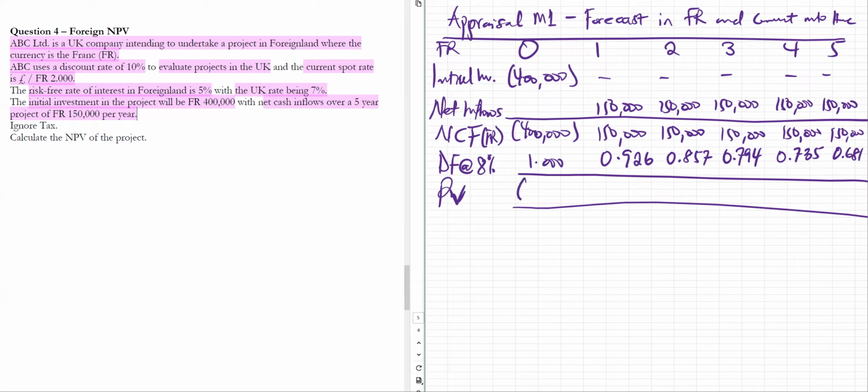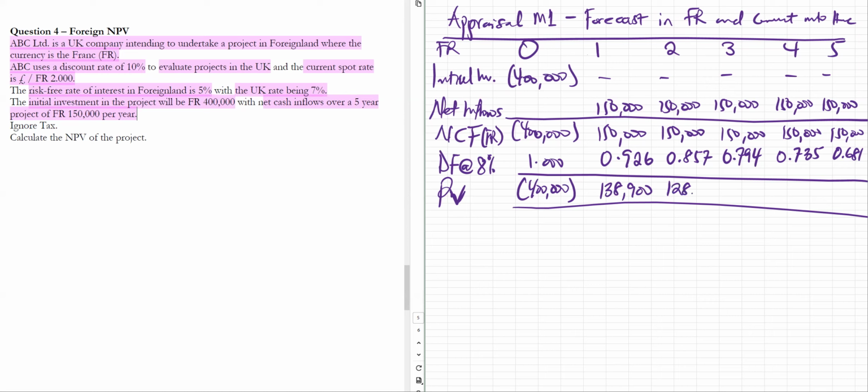Okay, so this one will still be at 400,000. Then we have 150,000 going by 0.926, and that's 138,900. We have 150,000 going by 0.857. That gives us 128,550.